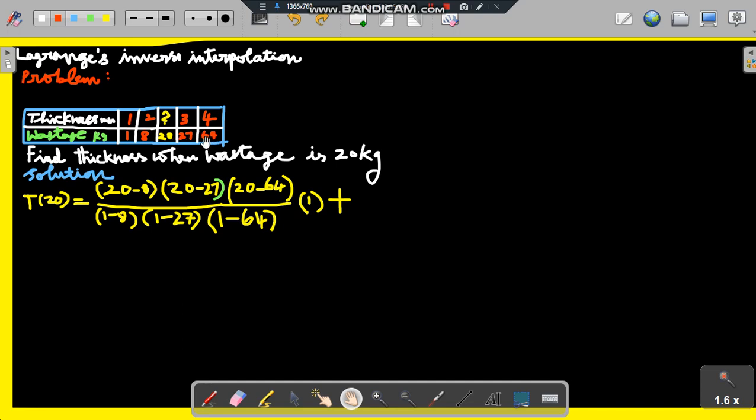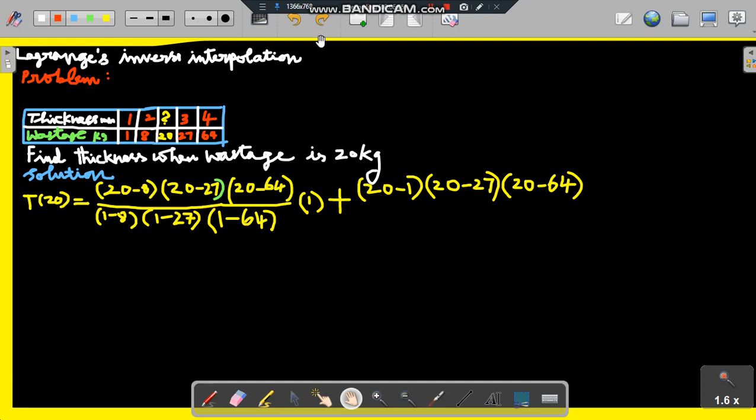The denominator will be 8 minus 1, 8 minus 27, 8 minus 64.